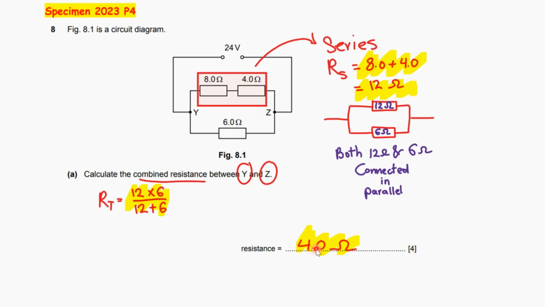And one of the most important points: if there are two resistors connected in parallel, the combined resistance must be less than the least. So the answer is 4 ohm, less than 6 ohm. This always happens if two resistors are connected in parallel.